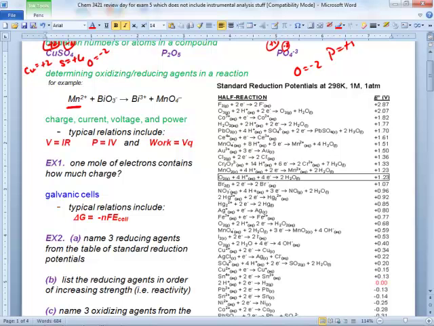So all we got to do is figure out what it is on the other side. Manganese on the other side is what oxidation state? I hear 7? +7? Everybody agree? Yeah. Manganese is a +7 over here.